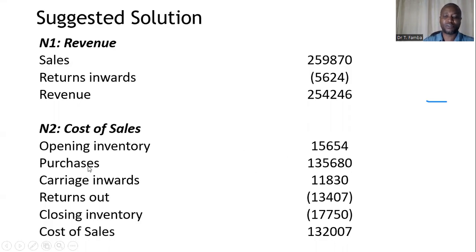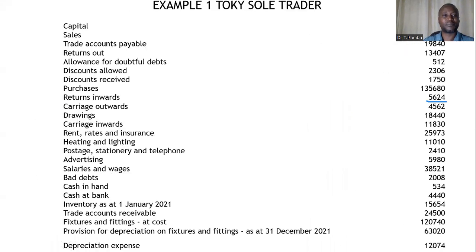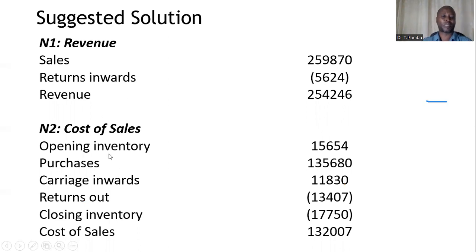Then we look for the purchases figure. Our purchases are 135,680. And then we also look at the carriage inwards. This is the figure.